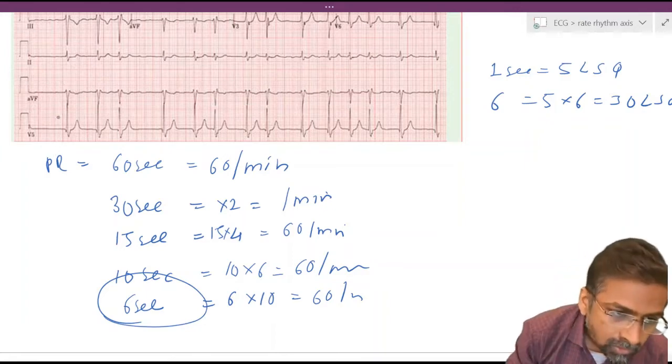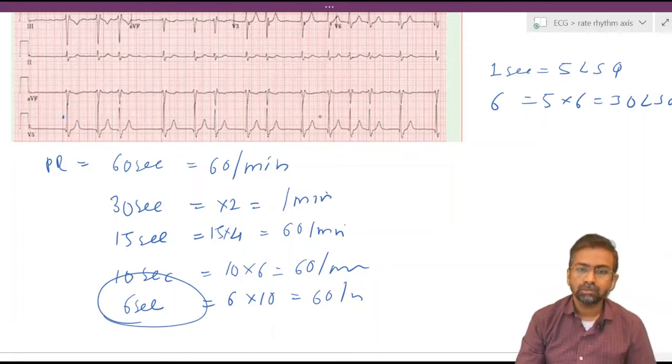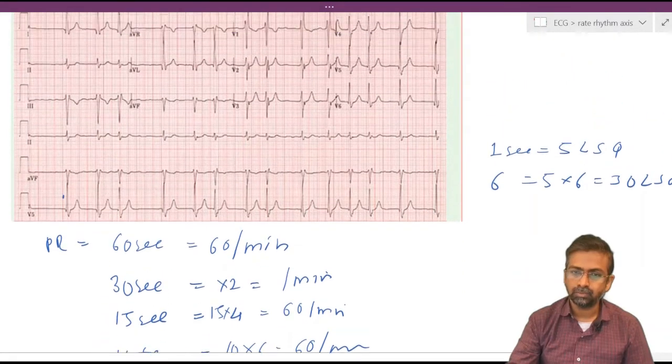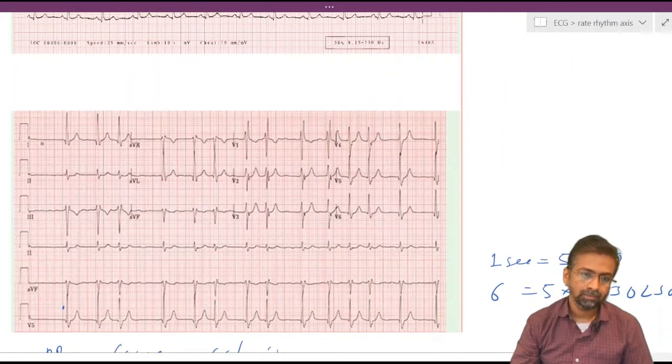Suppose you started from here. Now you need to calculate 30 large squares and you should do it in a single strip, like here, this is a single strip, or a long lead. Sometimes in an ECG you will find it is broken. Like here, this is lead 1, this is AVR, this is V1, this is V4.